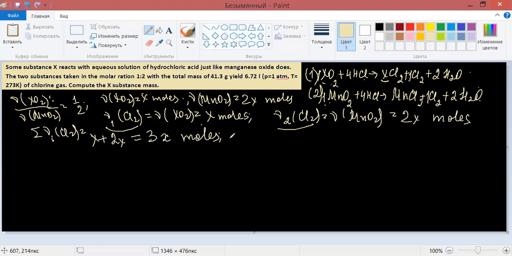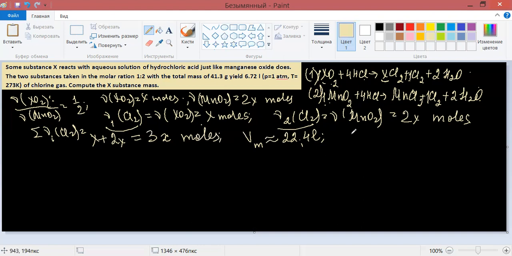Then let's remember that under the conditions given in the problem, 1 mole of an ideal gas occupies roughly 22.4 liters. We know that. And that means we have a simple algebraic equation.